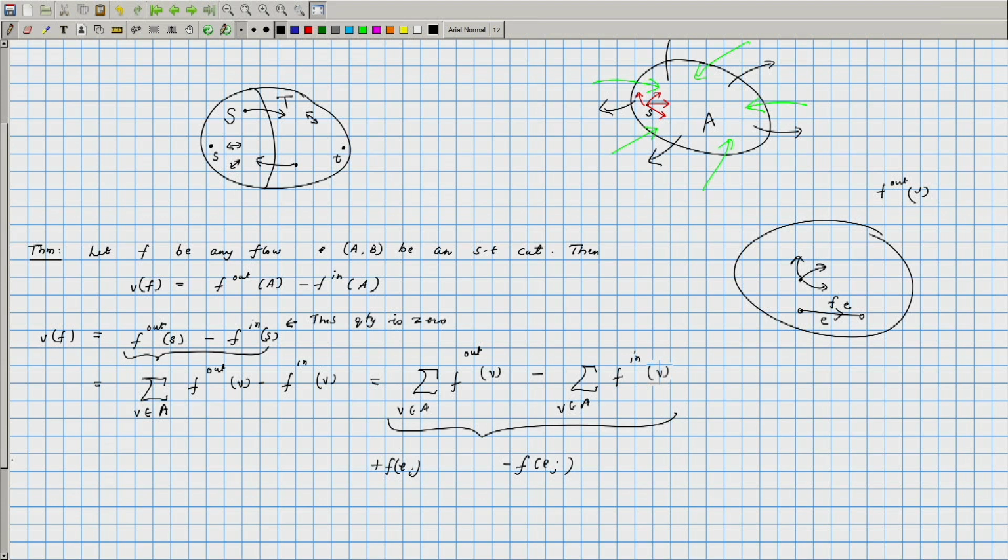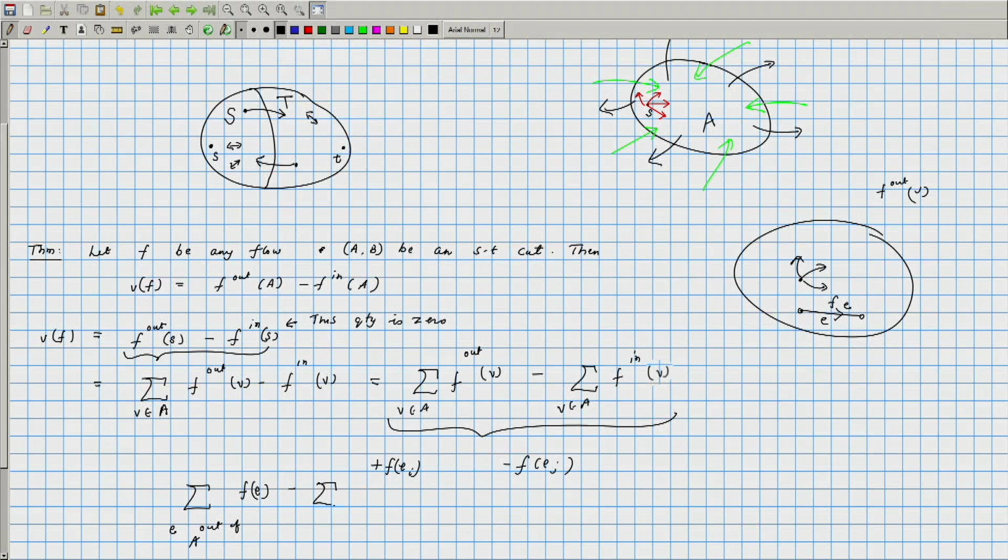All the outgoing ones are going to be positive. So, this summation we can write as a sum over edges E such that E is out of A of Fe. And all those edges which come from B to A are also going to remain, because they are going to come in as part of F in of A.